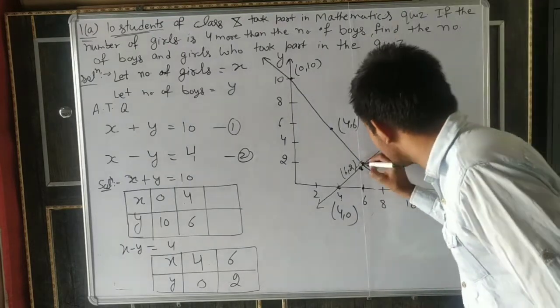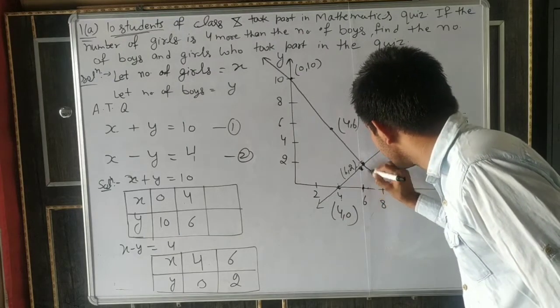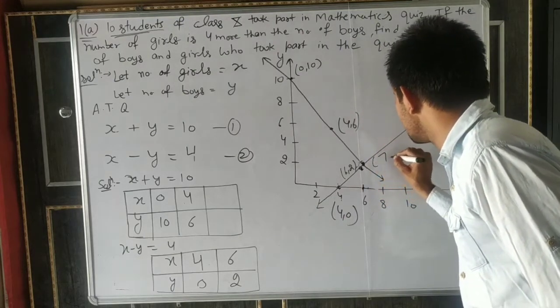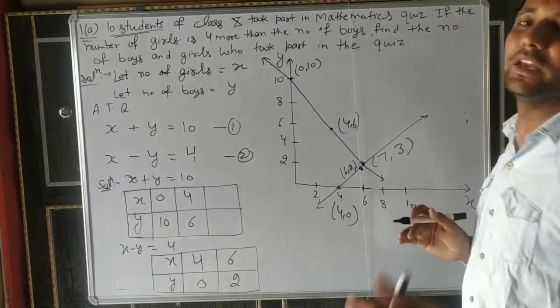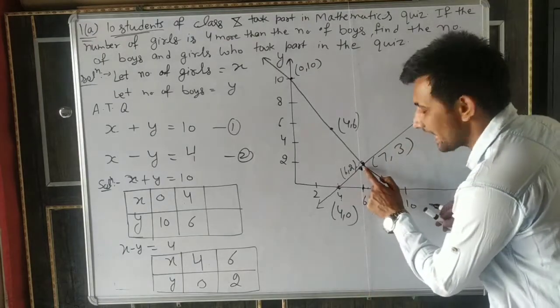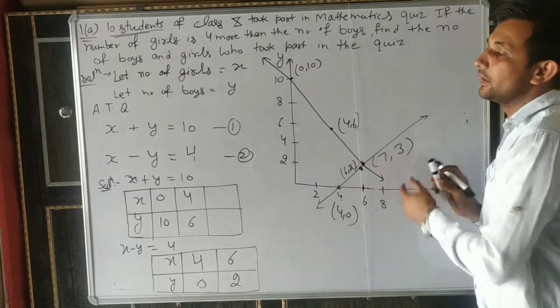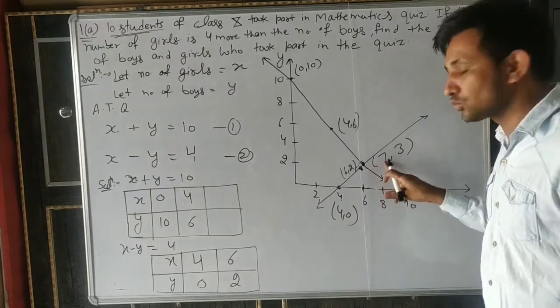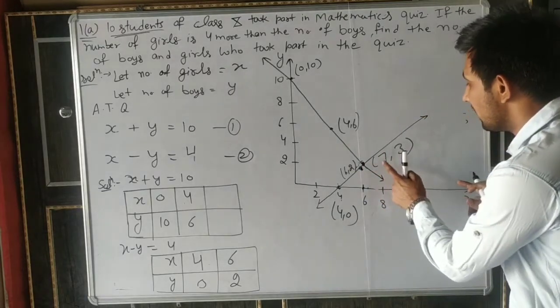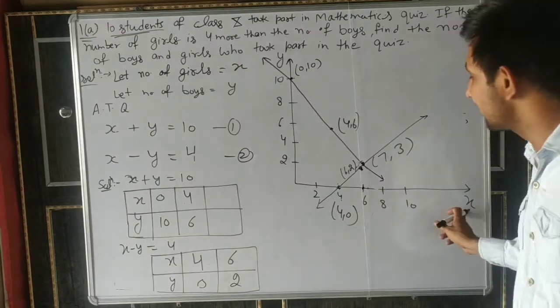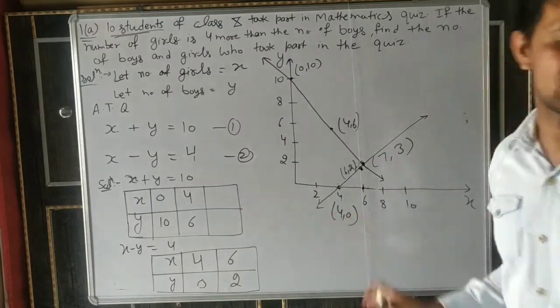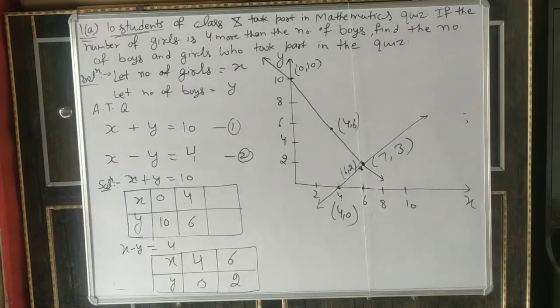So we observe where the two lines cut each other: its x coordinate is 7 and y is 3. So first, x is 7. On the x-axis what are we taking? Number of girls.